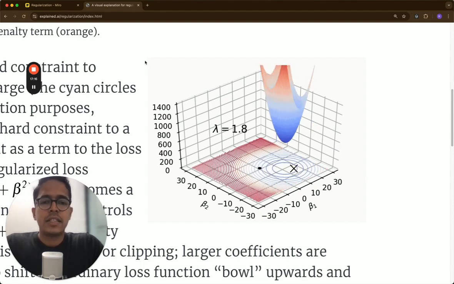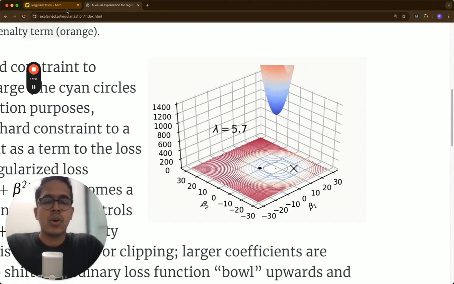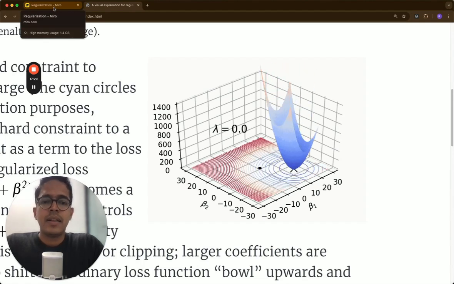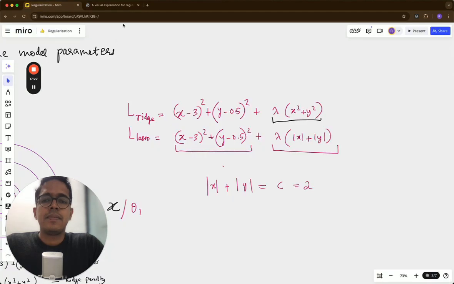What about the cases in between where lambda is neither 0 nor infinity? Then what happens is, if lambda is some number like 10, then minimizing this means you are increasing the value of this. Minimizing this, which is like x equal to 3 and y equal to 0.5, means you are increasing the value of this.